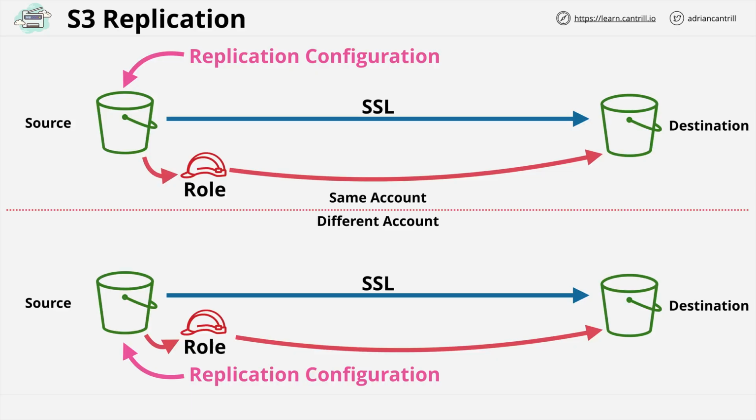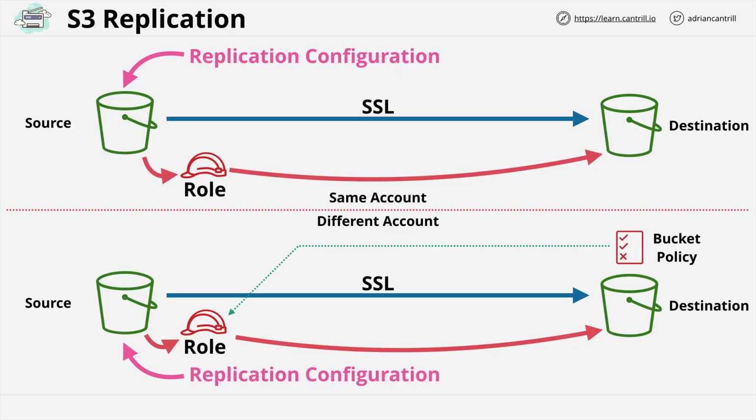So in different accounts, remember that the role that's configured to perform the replication isn't by default trusted by the destination account because it's a separate AWS account. So if you're configuring this replication between different accounts, there's also a requirement to add a bucket policy on the destination bucket, which allows the role in the source account to replicate objects into it.